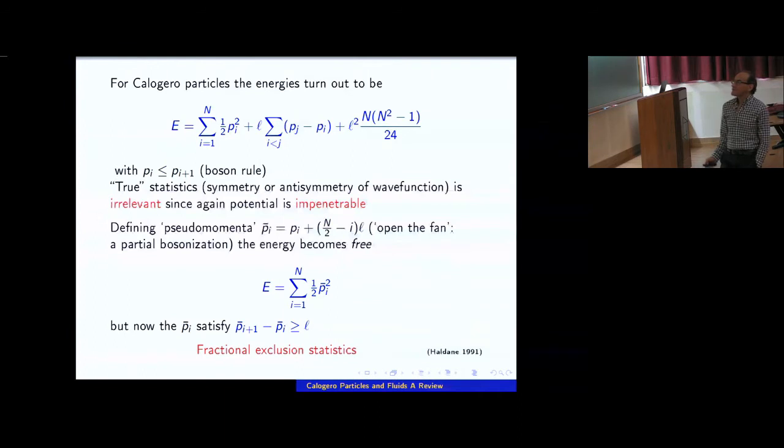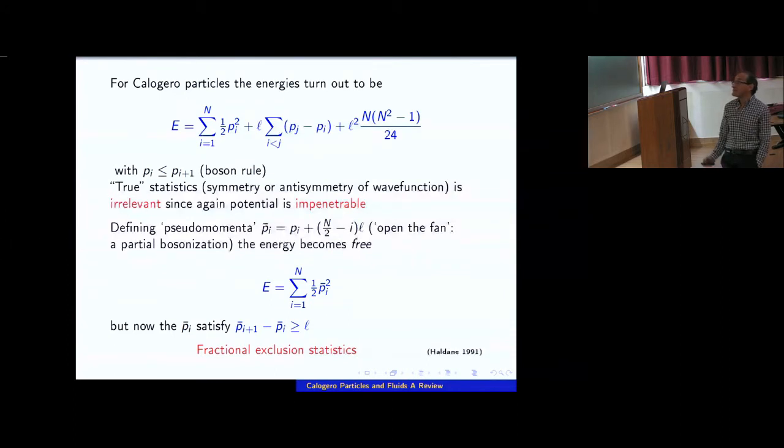However, with a small redefinition of p, define some new p bar that we usually call pseudo-momentum to be p plus something proportional to the order of the particle. In terms of these new p's, the energy simply becomes the sum of the squares. So in terms of these momenta, the energy becomes the same as the energy of free particles.